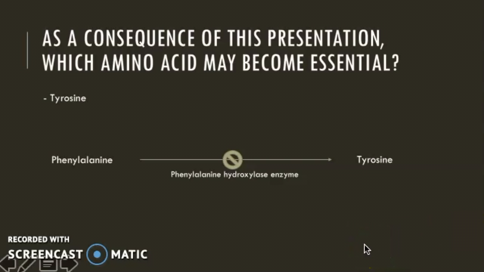Without proper function of that enzyme, tyrosine cannot be created from phenylalanine, and thus would become essential, and you would need to obtain tyrosine through your diet as opposed to making it from phenylalanine.